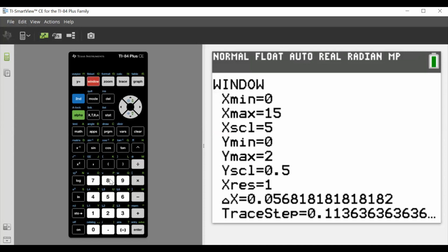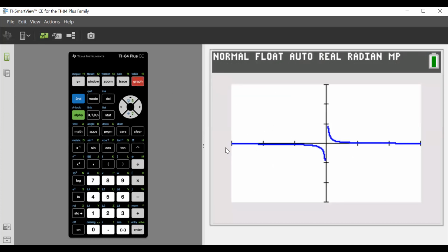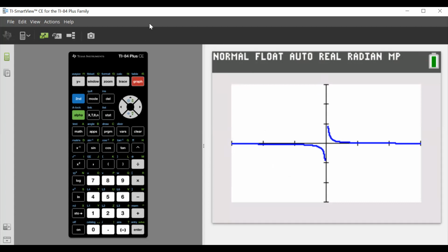Let's see, we need to get our right window maybe. And so we can see we're coming in here, we go down here, we don't hit 0, then we're coming here and we go down here. So x equals 0 is going to be a vertical asymptote there, and that means it's not continuous at this point.